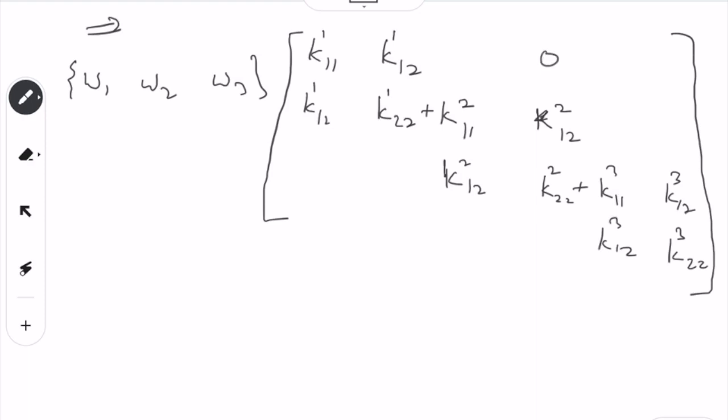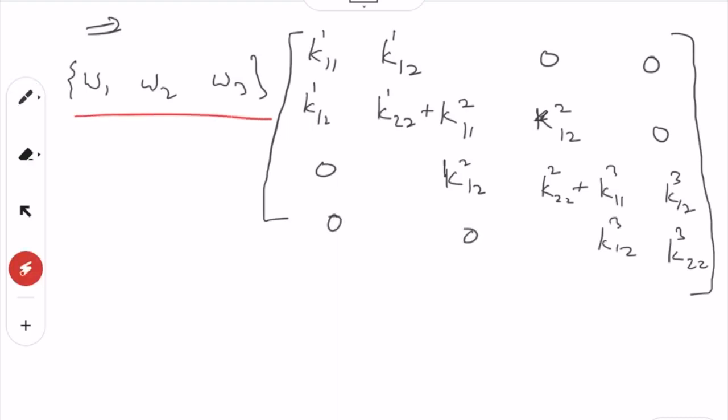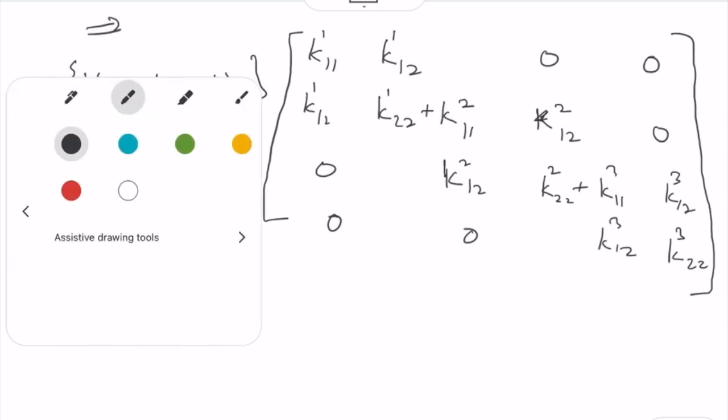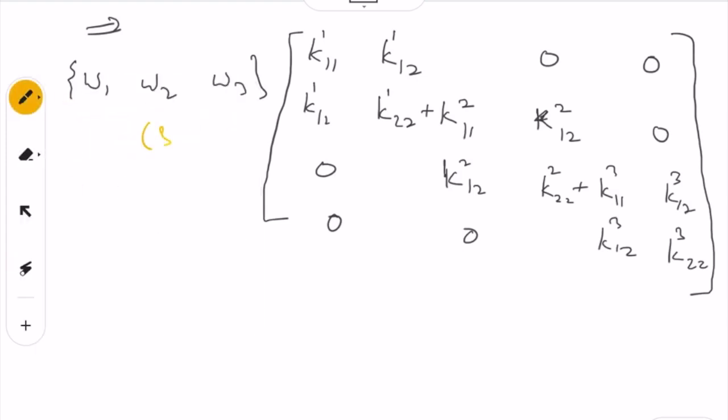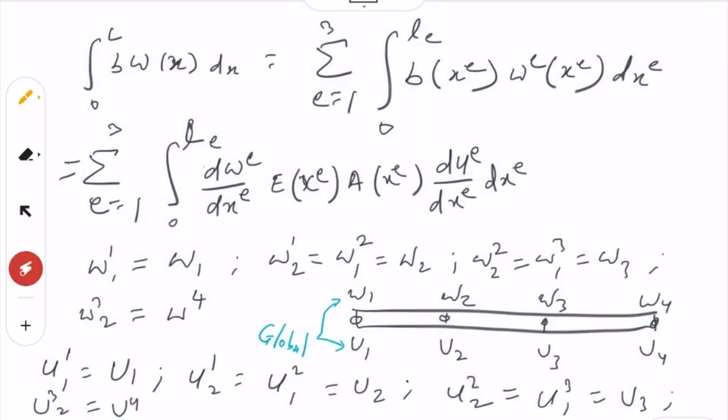The remaining entries will be 0. Now, if you look at this one, it is 3 by 1 and this is 3 by 3. We are integrating, so the total has to be a scalar number.